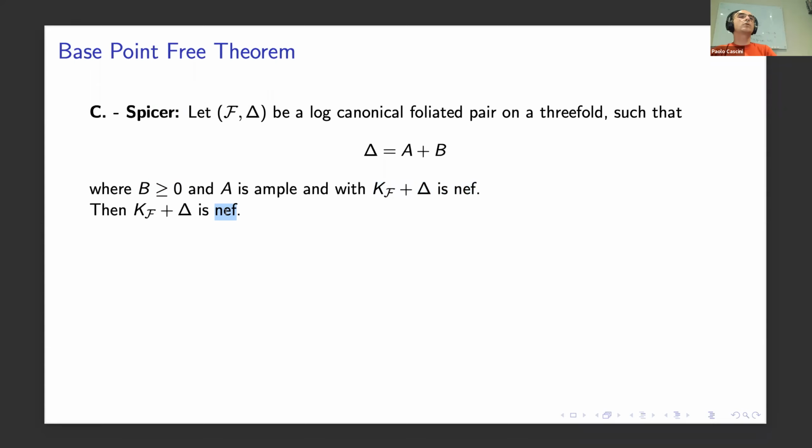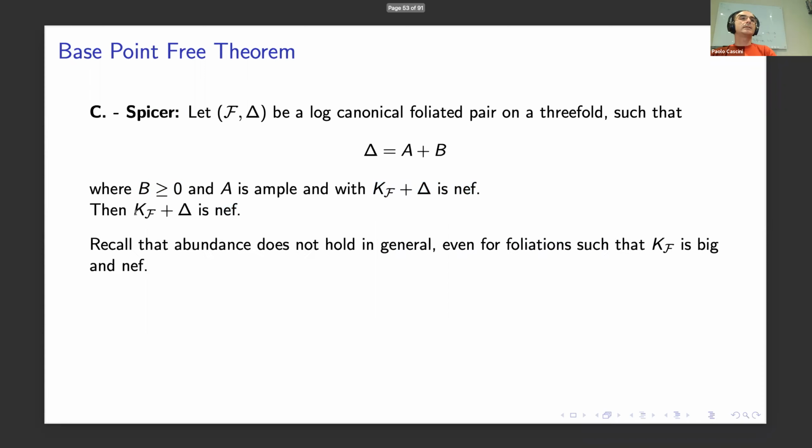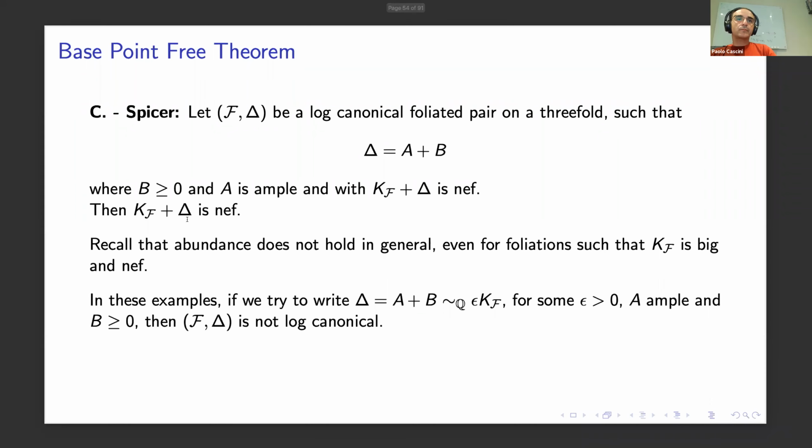So what we prove is that the base point free theorem holds: some multiple of K_F plus delta is semi-ample. This is a little bit strange. Why? Because I mentioned before that abundance is false even for surfaces, even if you assume that K_F is big enough. So why is it true here? Well, the reason is technical, so I will not spend too much time on it.